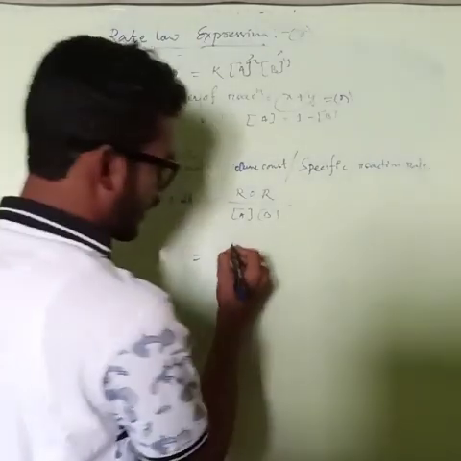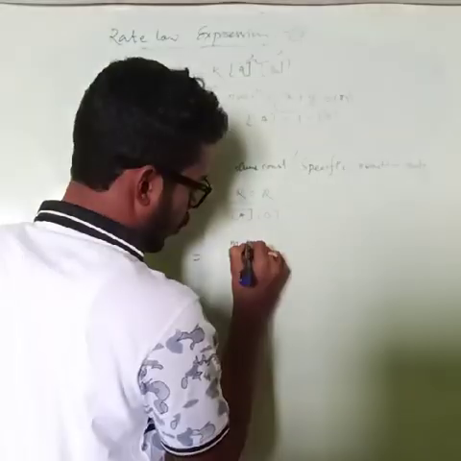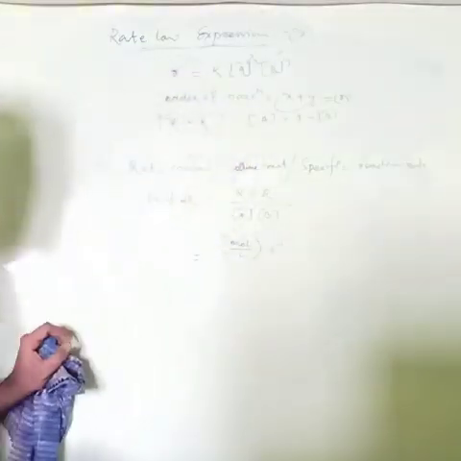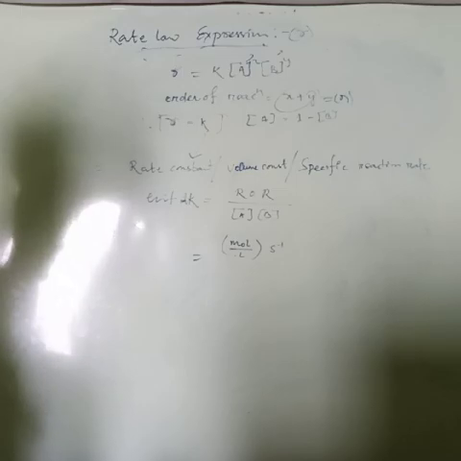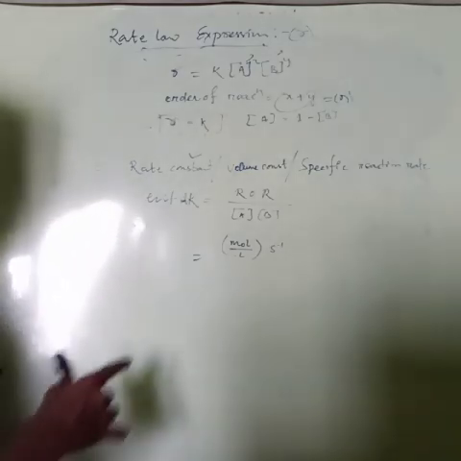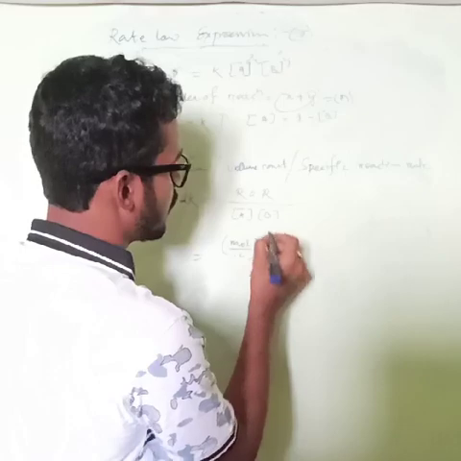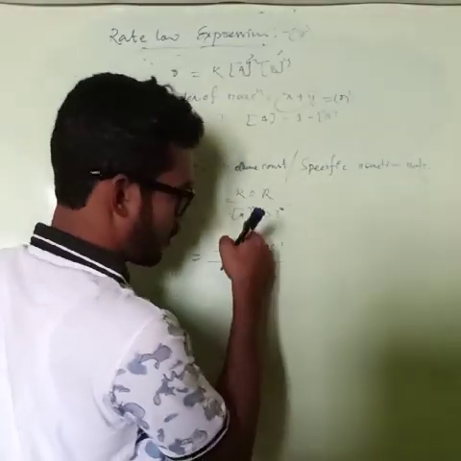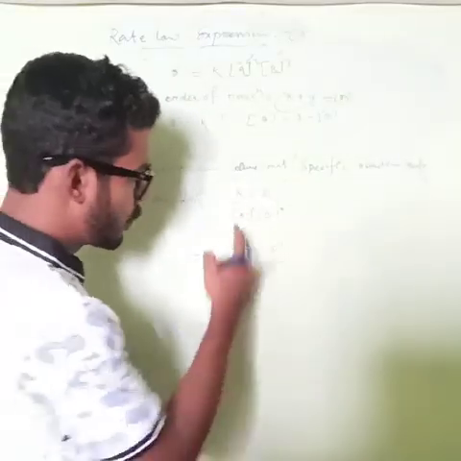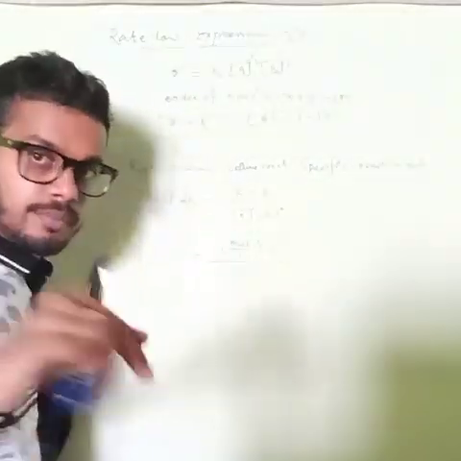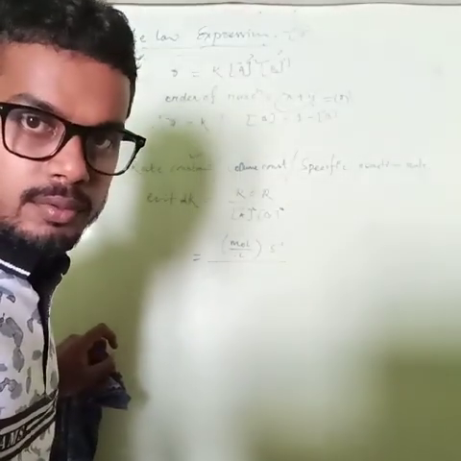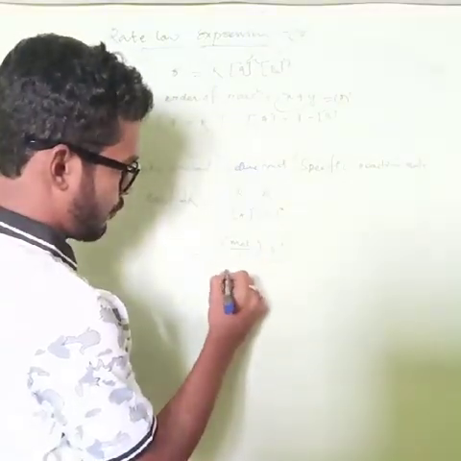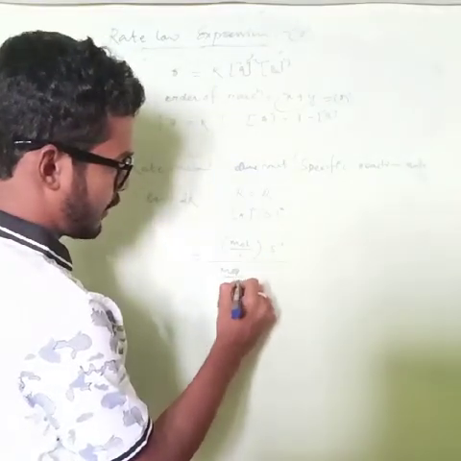I already explained in the last video, that is mole per liter per second. What is the unit of concentration terms here? So I can write mole per liter, in both cases.